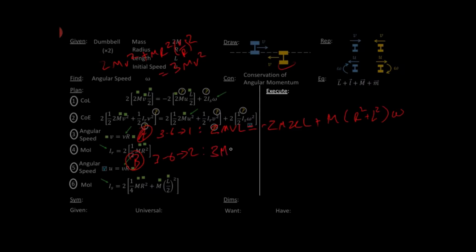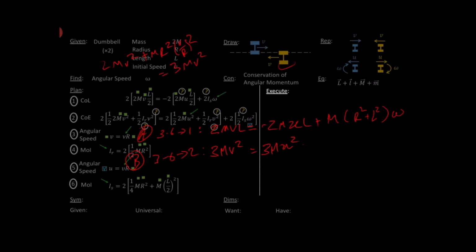All right, so we take 3 through 6 and shove it into 2. We have 3mv squared is equal to the u factor is going to be the same because it's the same mathematics all the way through, 3mu squared. And we have 1/2 is omega squared times 2. So that 1/2 gives us an extra 1/2.